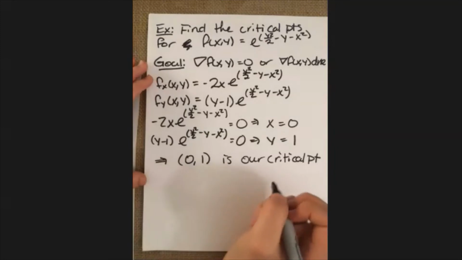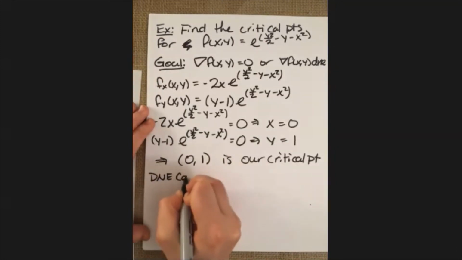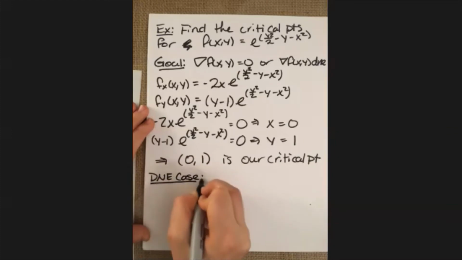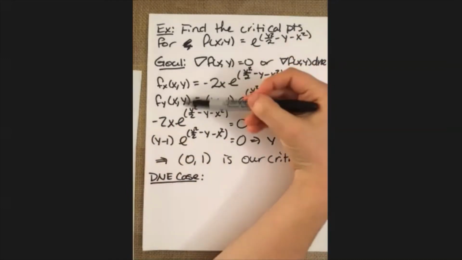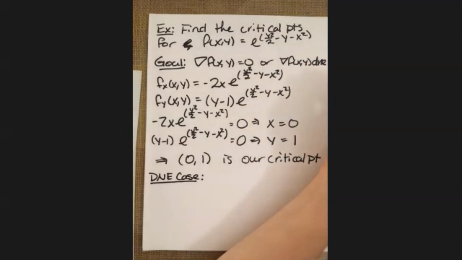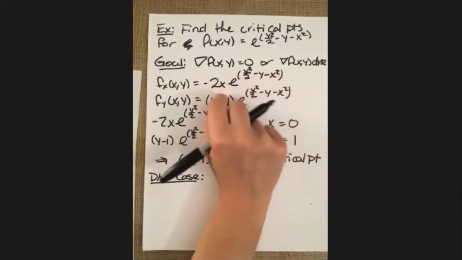Okay, so what about the does not exist case? Another way to think about this is to contemplate the domain of the partial derivatives you're looking at, and ask yourself, is there anything I'm not allowed to plug into the exponential function or out here?